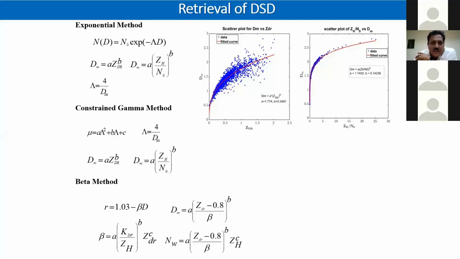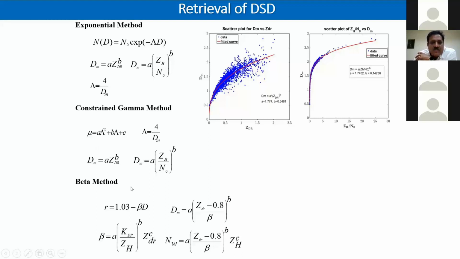So you need 3 independent parameters from the radar to calculate the 3 parameters of the gamma distribution. But since 3 independent parameters are not available, they use a constrained relation between mu and lambda, and using this constrained relation, they turn the total relation into a 2-parameter relation, and then again calculate all 3 parameters of the distribution.